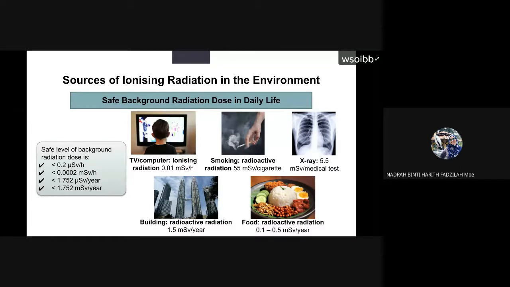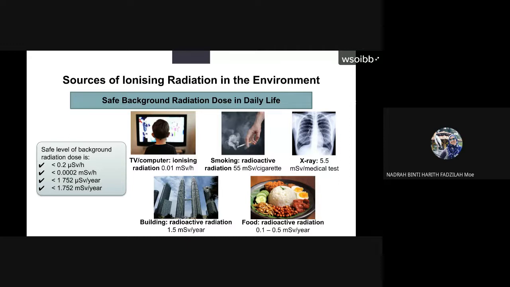So as mentioned by Ifrah just now, okay, the safe level of background radiation dose is 0.2 microsievert per hour. So dekat sini dalam this particular slide ni dia ada conversion of different units of sievert.